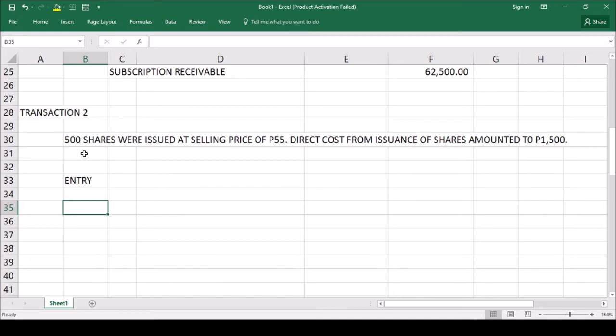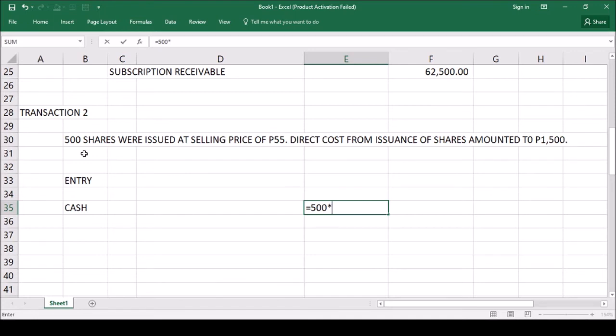So in this case, there were 500 shares issued at a selling price of 55. So, we receive cash. Question, magkano? Take note, 500 multiply at the selling price. Obviously, kasi in-issue daw siya at selling price, so the amount of cash we receive is at selling price.